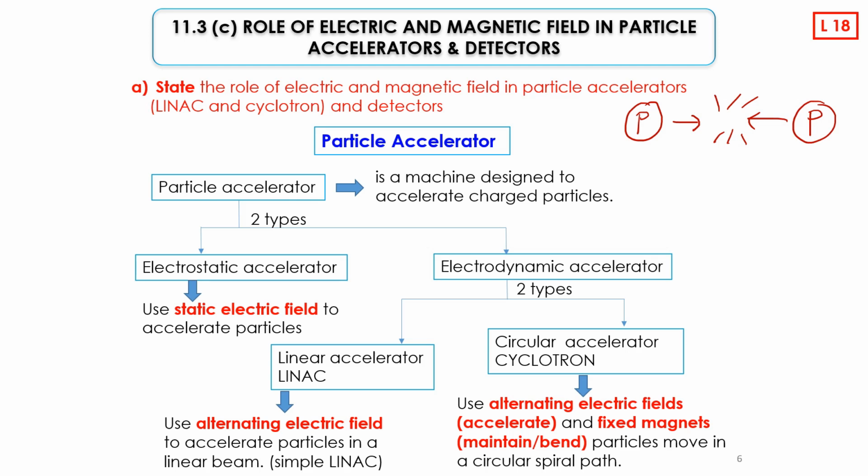Linear uses an alternating electric field to accelerate particles in a linear beam. So after the particles are accelerated, they will be moving in linear motion. That's why we call it a linear accelerator. A circular accelerator uses alternating electric fields to accelerate the particles, and after that, the particles will be moving in a circular path due to the fixed magnets.